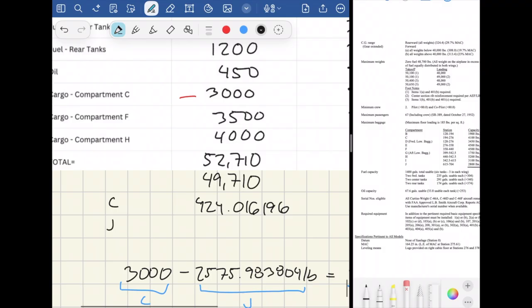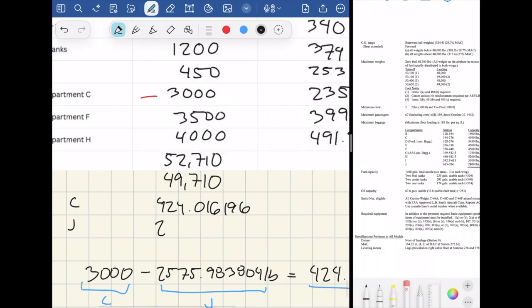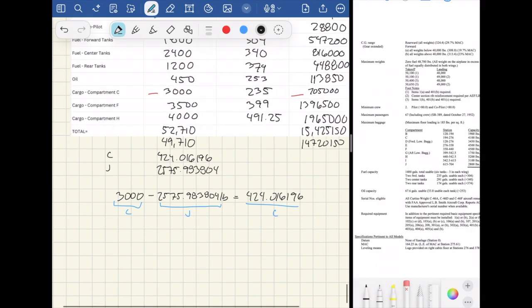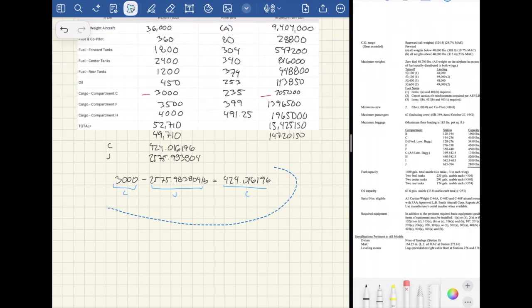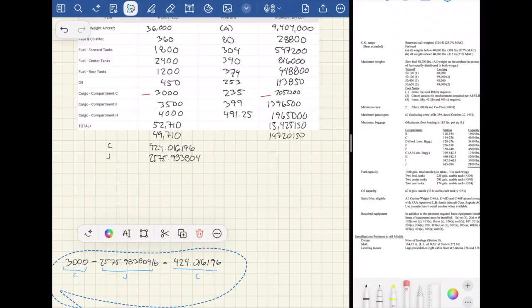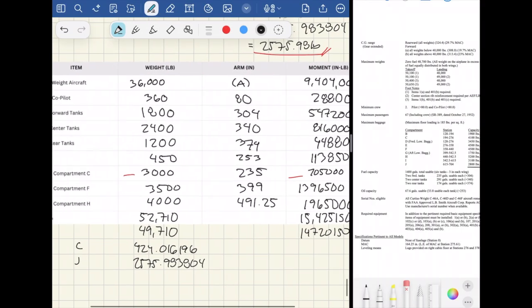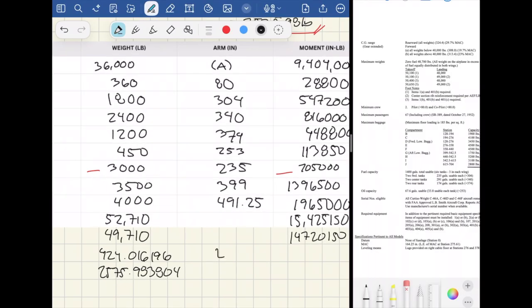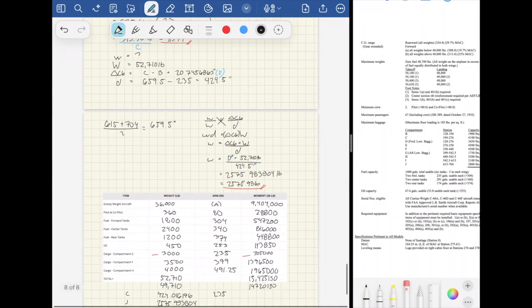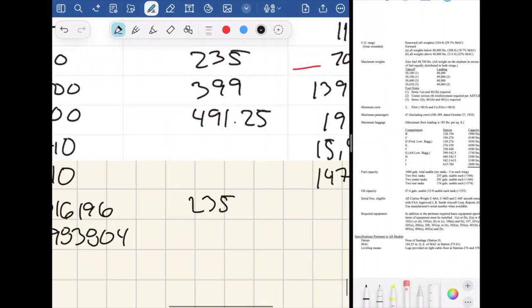And kay compartment J, we have 2,575.983804. Wait, move lang natin ito. Para hindi tayo maguluhan. Ayan. Now, yung arm nila, si compartment C, same arm pa rin, 235. And si arm naman ni compartment J is 659.5. The midpoint pa rin.